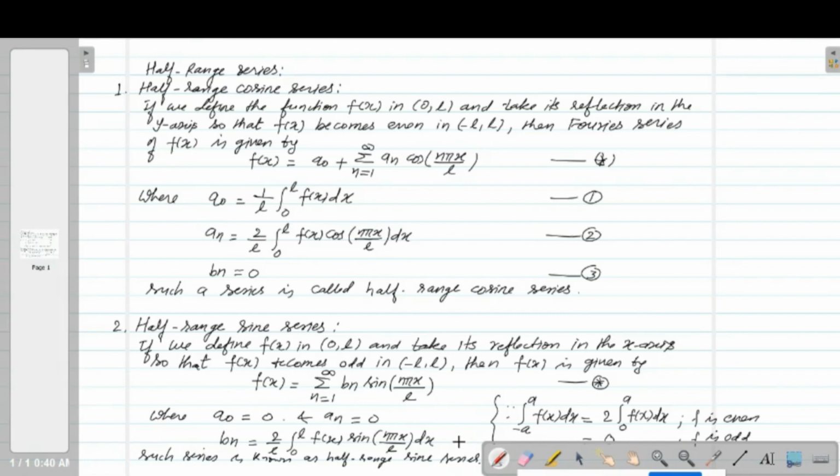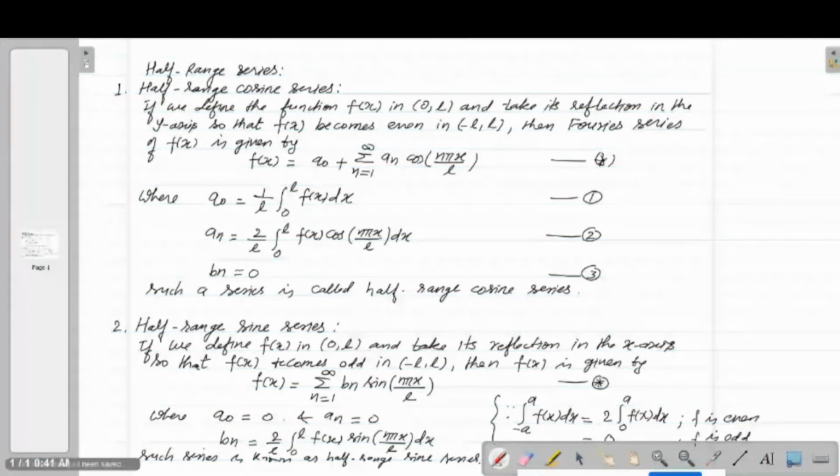Now let us do the problem based on this. Then you will understand what the half range sine series and the half range cosine series are. Let us move to the next page. First of all, we will do the half range cosine series. Then we will do the half range sine series. So let us start.